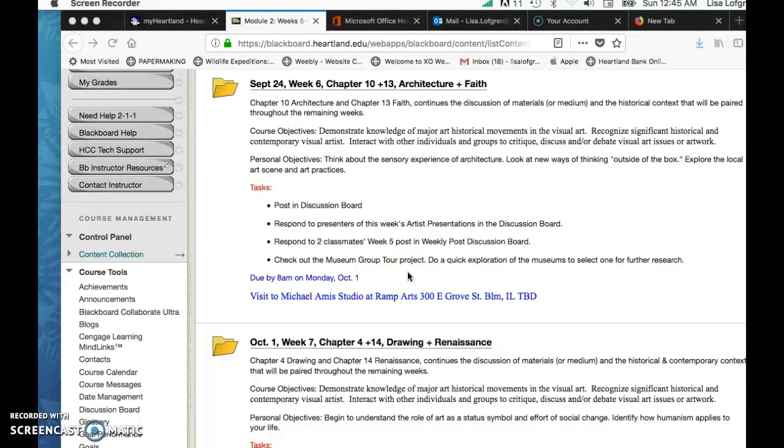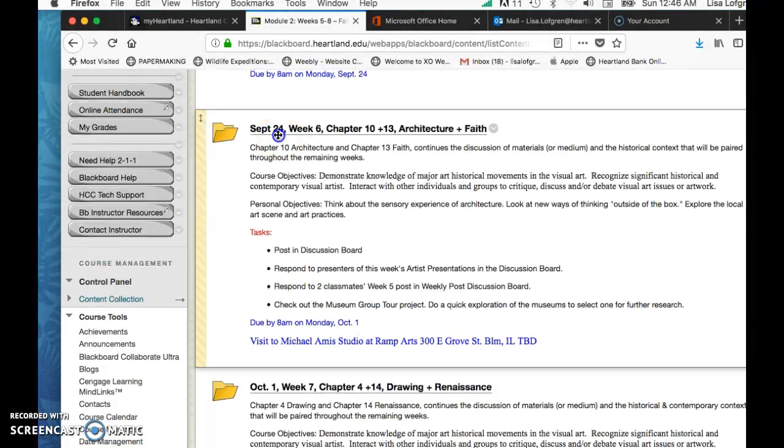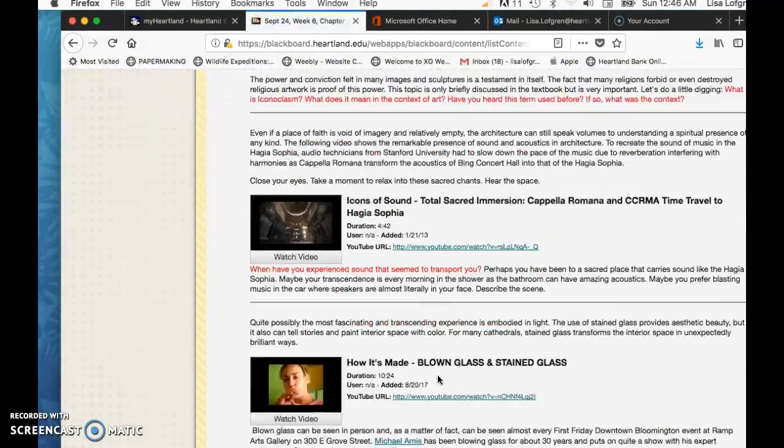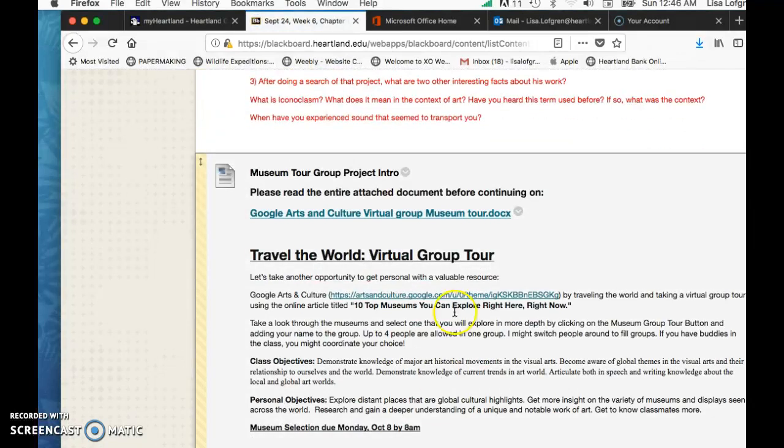Then to finish it out, please get a feel for the museum group tour project by going into the folder and scrolling down to the bottom. You will see that we're going to look at top 10 museums you can explore right here, right now.